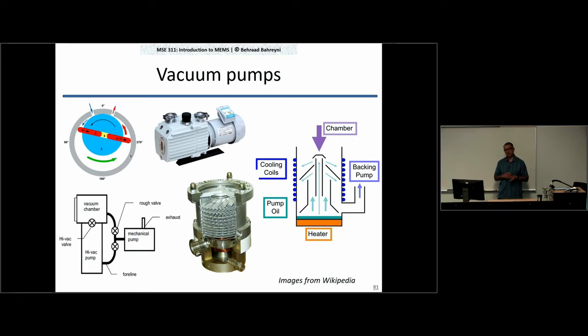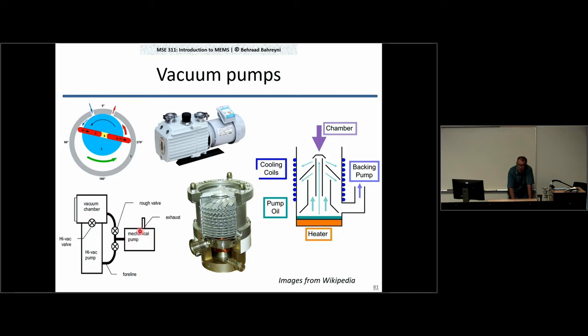A typical vacuum system, especially a high vacuum system, looks like this. You have a roughing pump, a vacuum pump that gets you down to about millitorr levels here, with a high vacuum pump over here. Initially, you open this roughing valve and pump down the chamber using your mechanical pump.